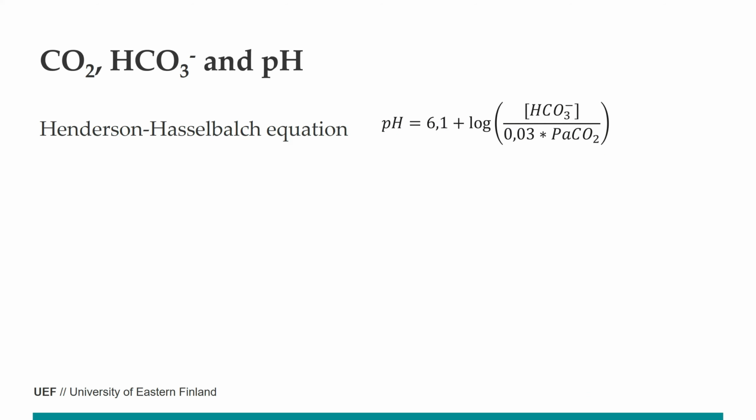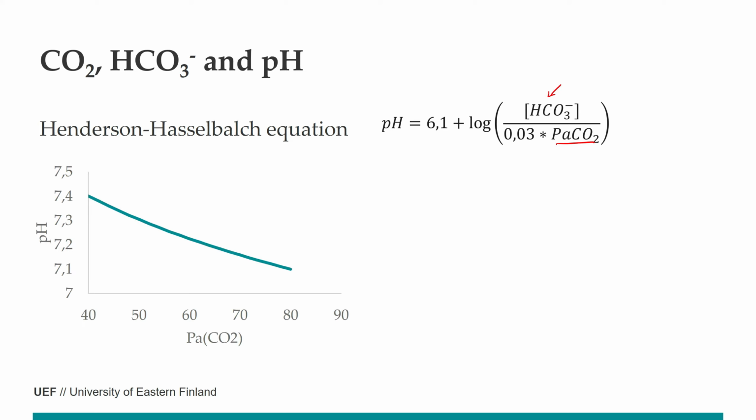Okay, but still, depending on the partial pressure of carbon dioxide and depending on the concentration of bicarbonate, it affects the pH. According to the Henderson-Hasselbalch equation, the high partial pressure is lowering the pH, but you can see that this difference is not so huge anymore because we have these buffers.